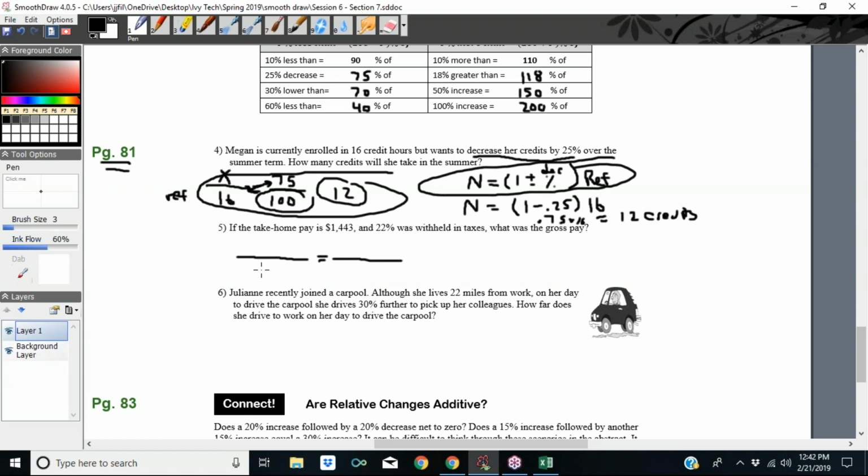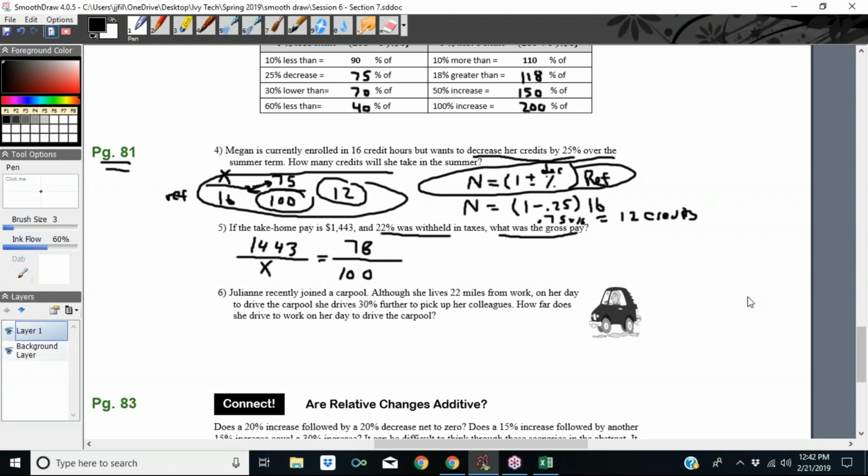So that's 100% of what you make. And we're trying to find out what the gross pay is. Now we know the take-home pay is $14.43. And it says 22% was withheld. So what percent is the $14.43? That's not the amount that's withheld. It is 78%.